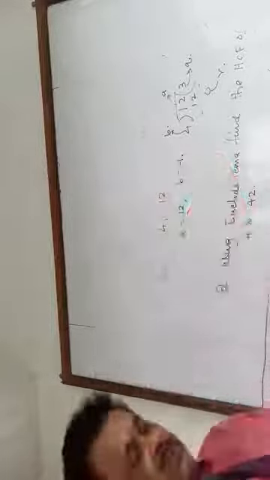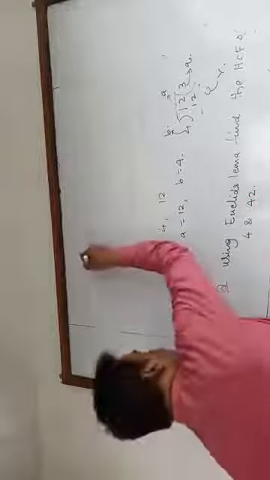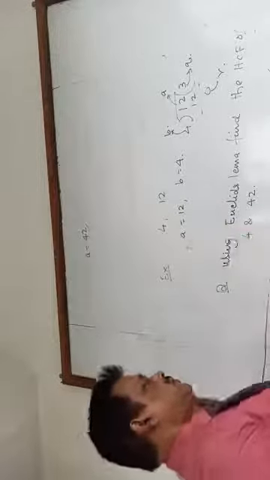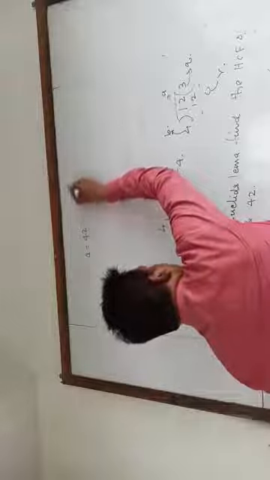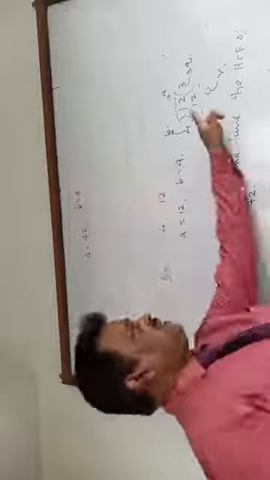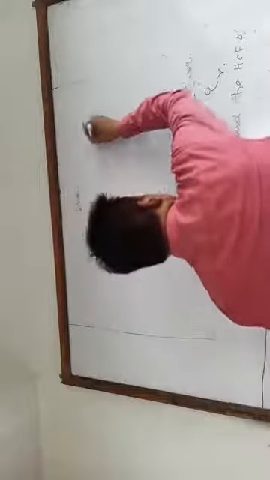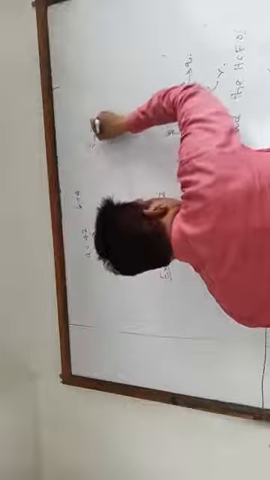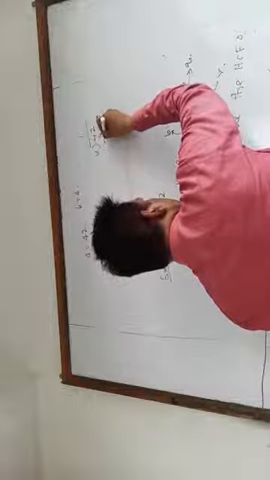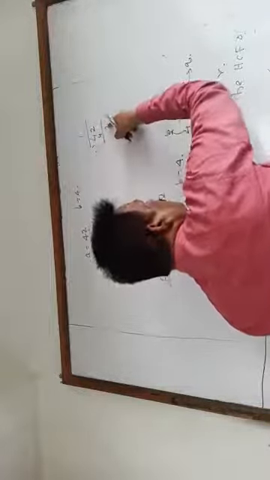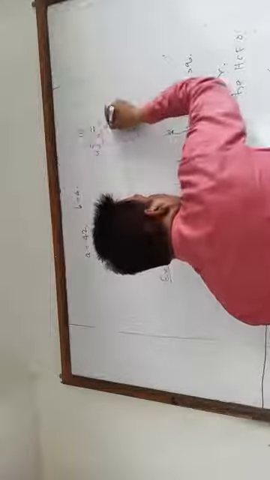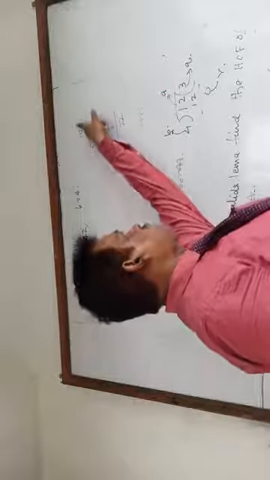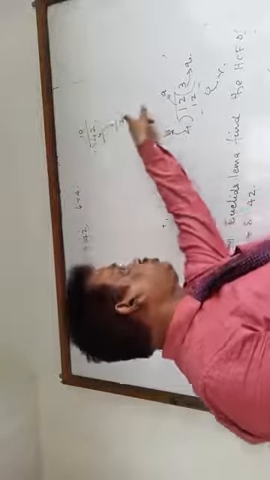So in this case, Euclid lemma means A equals 42, B equals 4. First you divide 42 by 4. 4 ones are 4, then 2 comes down, 4 will not go into 2, so 0. That means 42 equals BQ plus R, that is 4 times 10 plus 2.